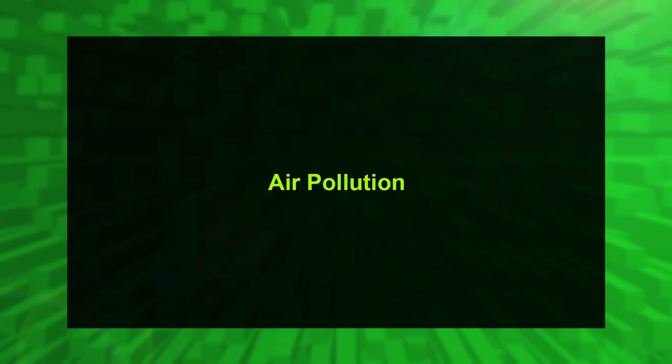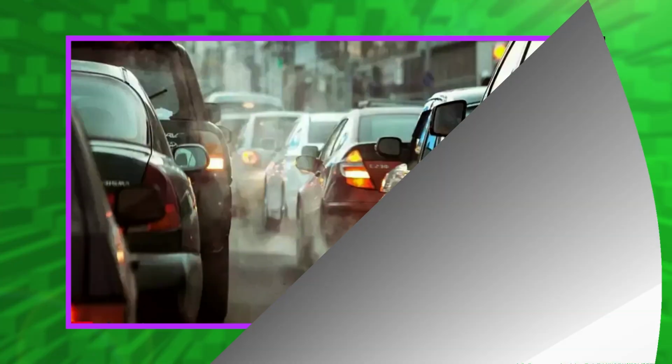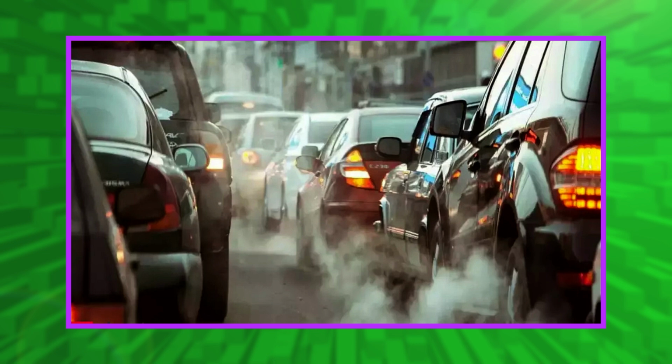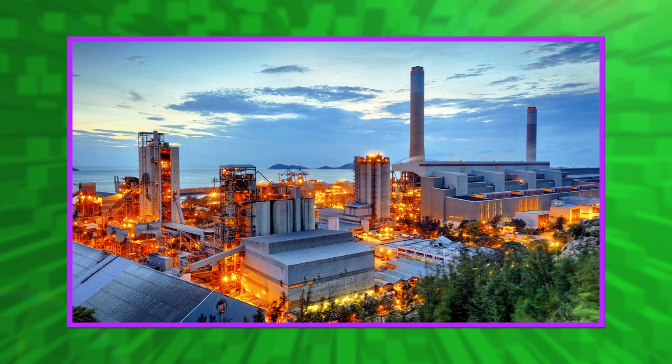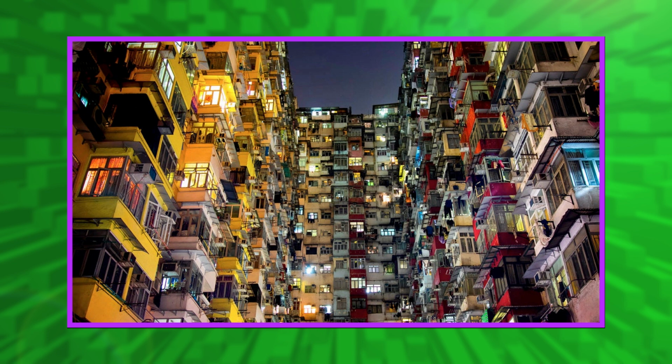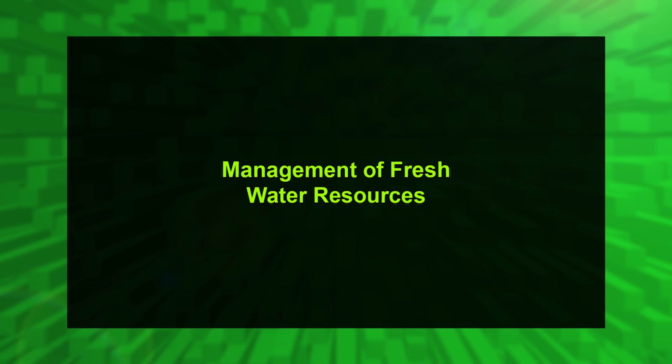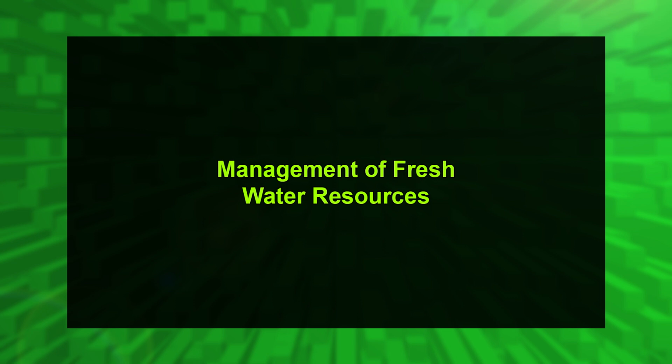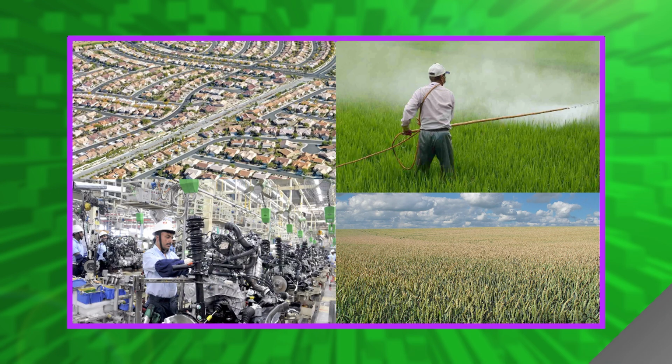Number 3, air pollution, particularly vehicular pollution in cities attributed to rapid industrialization, energy production, urbanization, and an increase in motorized vehicles. Number 4, management of freshwater resources, increasing stress on water resources due to urban growth, industrial activities, intensive farming, and chemical use in agriculture.